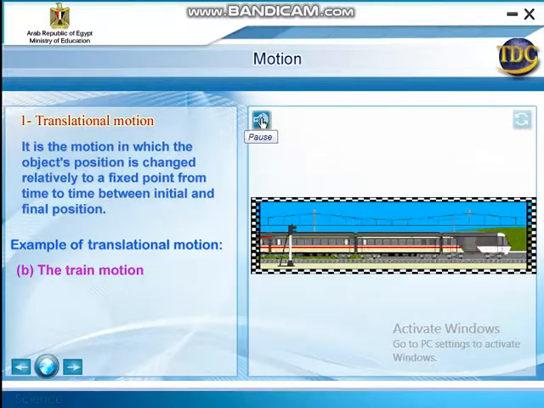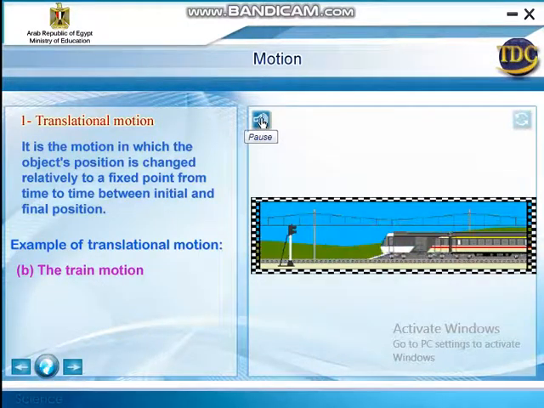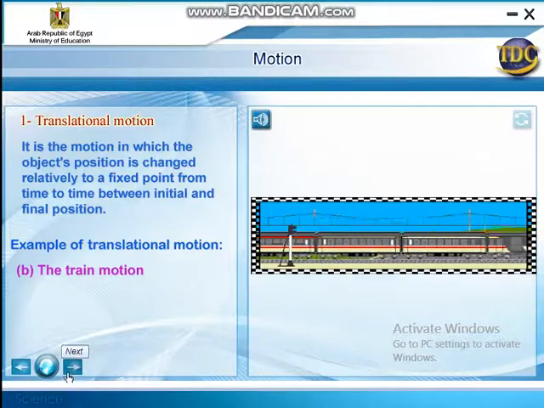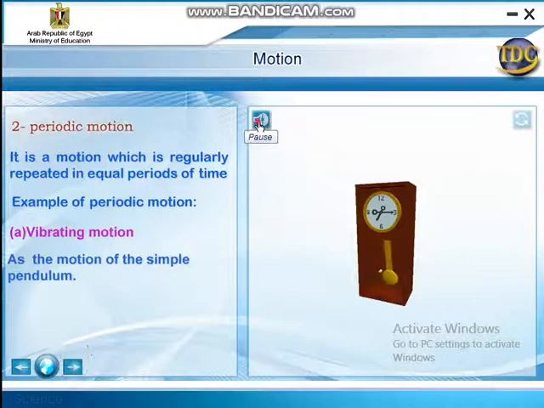What about the other type, periodic motion? Periodic motion is a motion which is regularly repeated at equal periods of time.